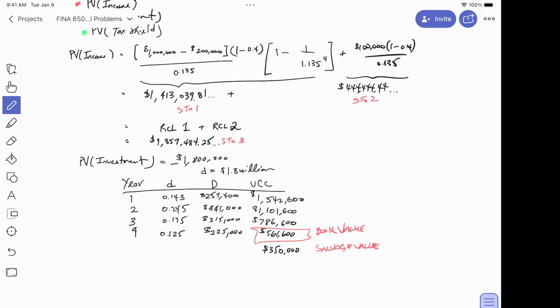So I'm going to add to $1.8 million the amount of the salvage value. So this is the formula I gave you, plus 0.4 times the difference between the book value and the salvage value. Let me make sure that that's what I did.